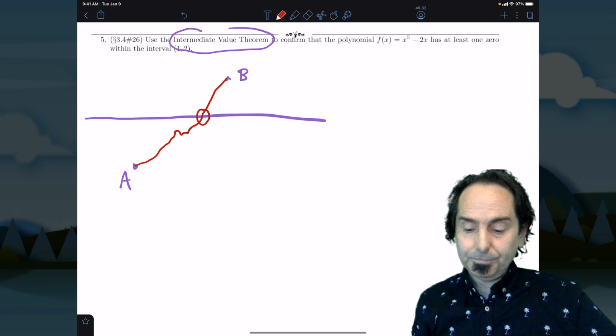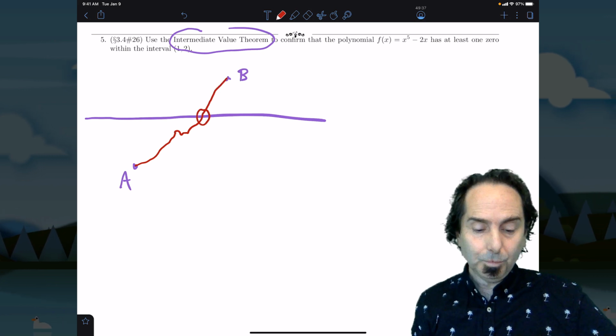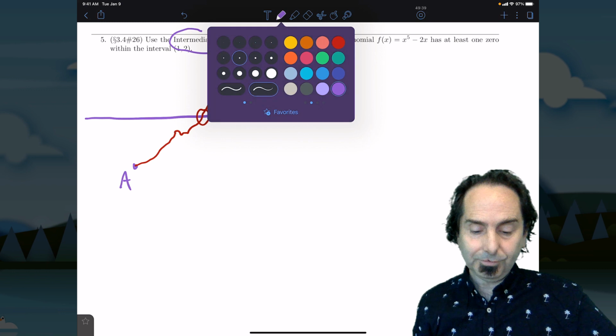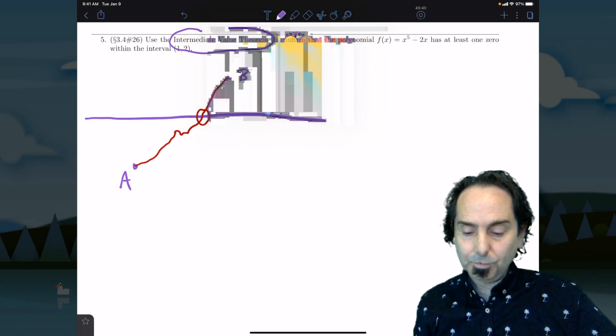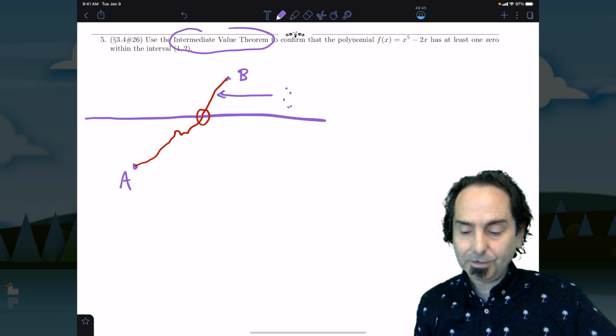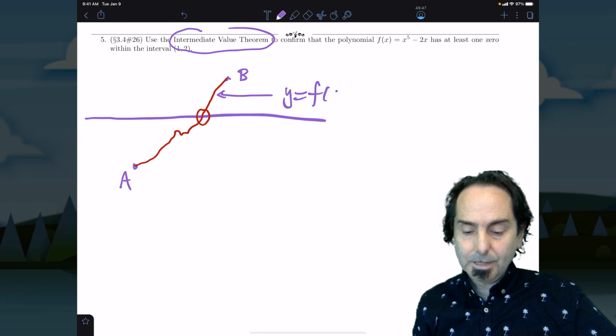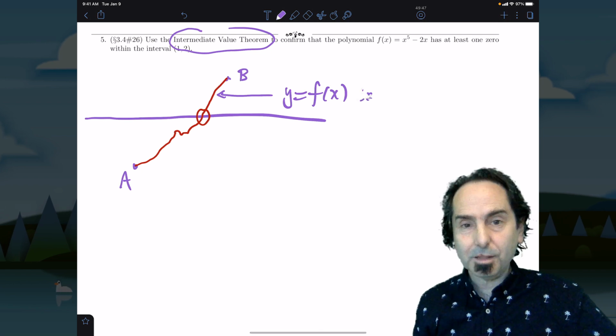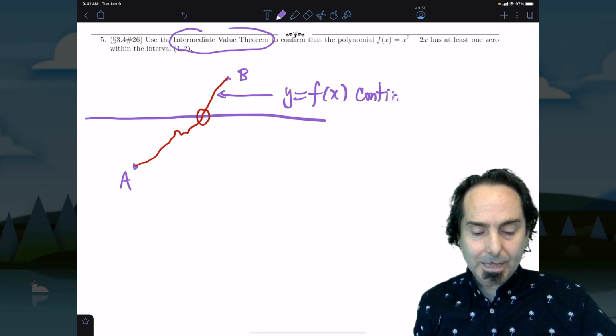But if we look at this mathematically, what we're really talking about is a function. This is y equals f of x, and that has to be a continuous function. It doesn't have to be smooth, but if it's a polynomial, it's smooth.